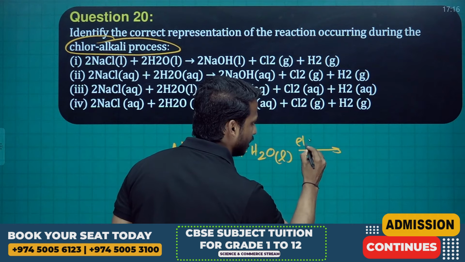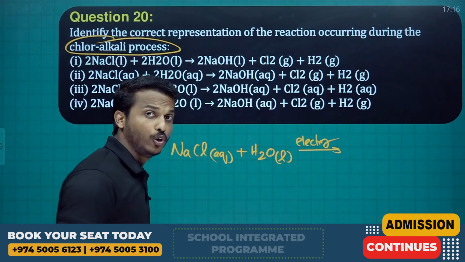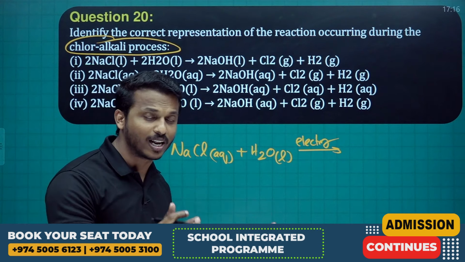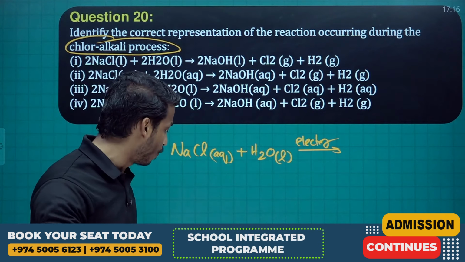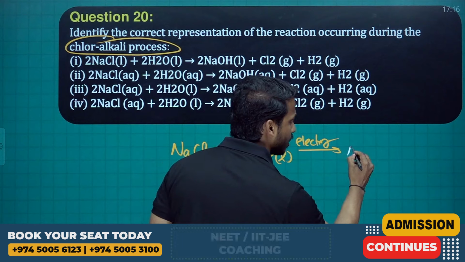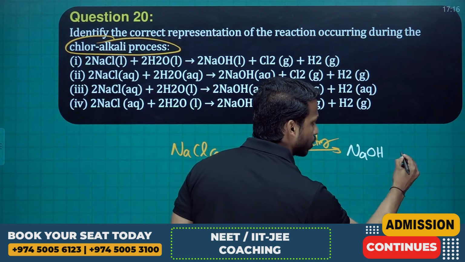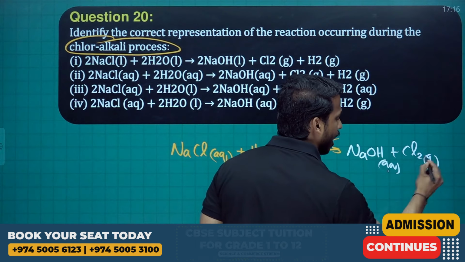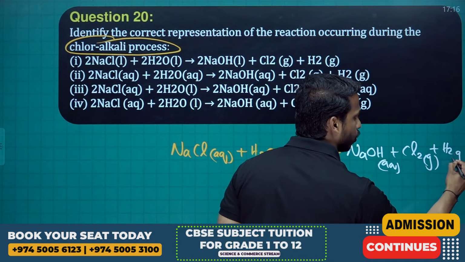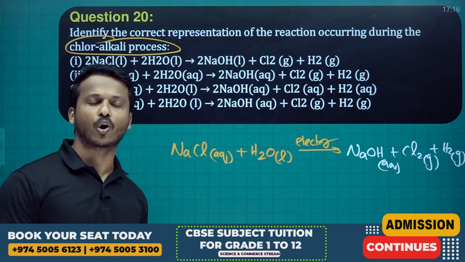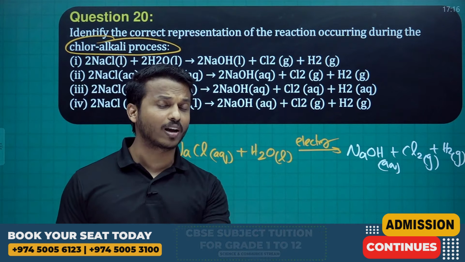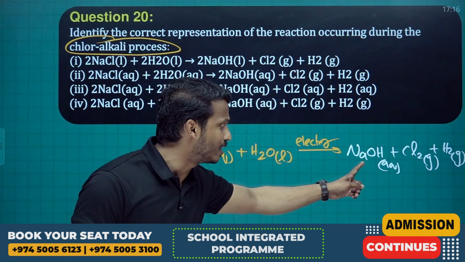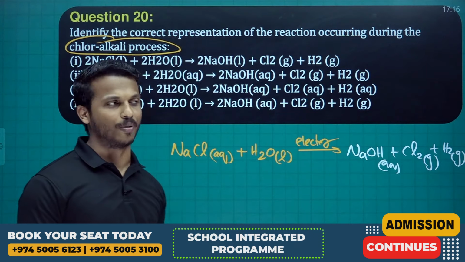When you pass electricity through it, with cathode and anode, chlorine and hydrogen gas along with NaOH are produced. Sodium hydroxide forms in aqueous state, chlorine gas and hydrogen gas also form. It is called chlor-alkali because the product is an alkali and chlorine is forming.